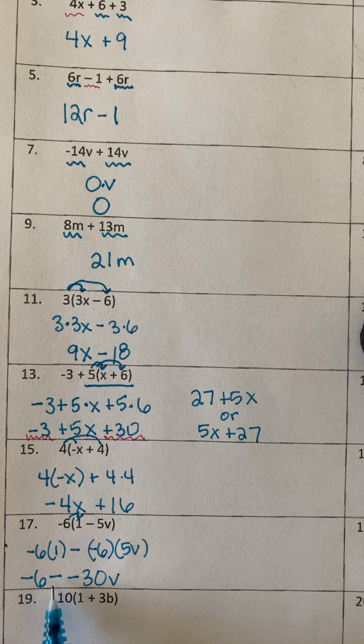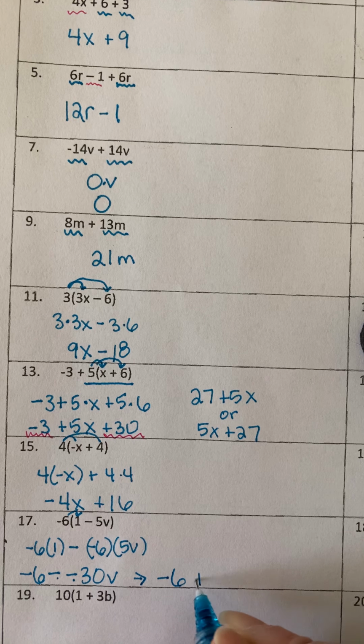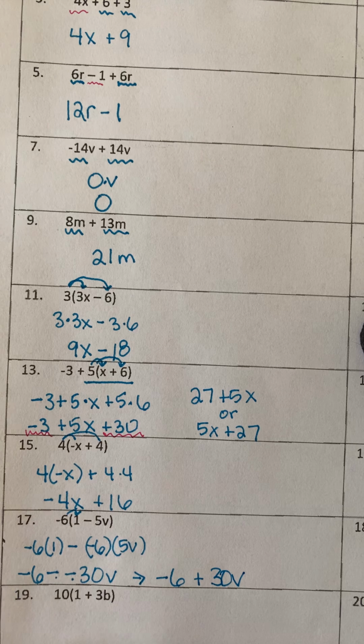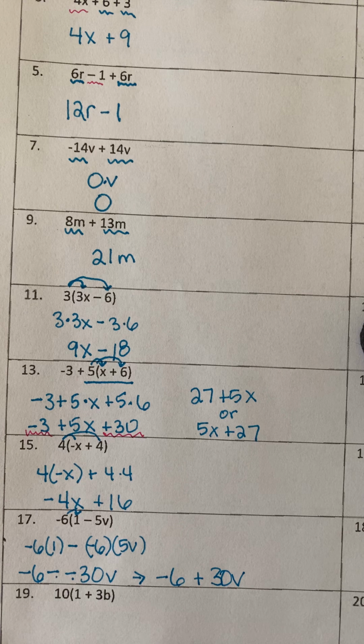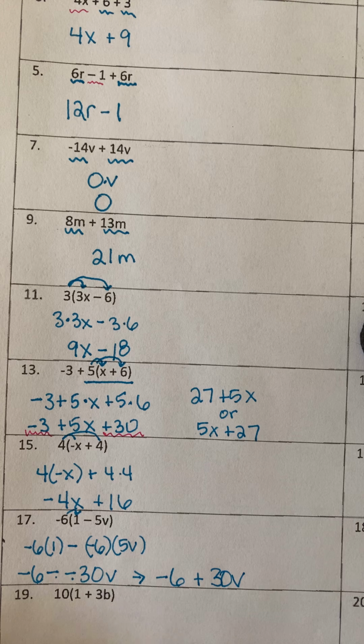So we change this to addition and then to the opposite. So plus the opposite of negative 30, or just remember a negative and a negative together make a positive. So this is negative 6 plus 30v. And again, we have no other like terms, so we would leave it. Of course, you could always write 30v minus 6 as well.